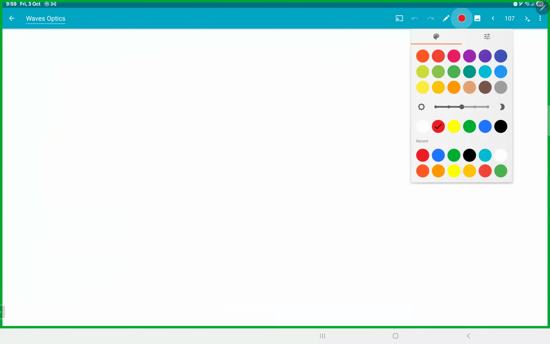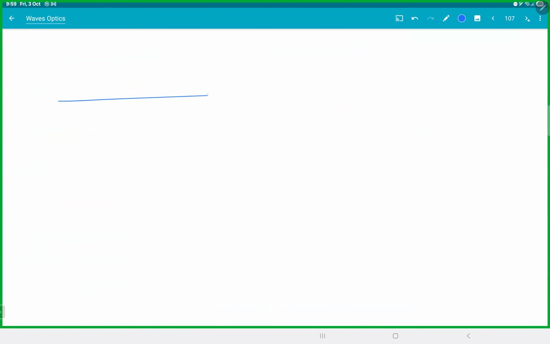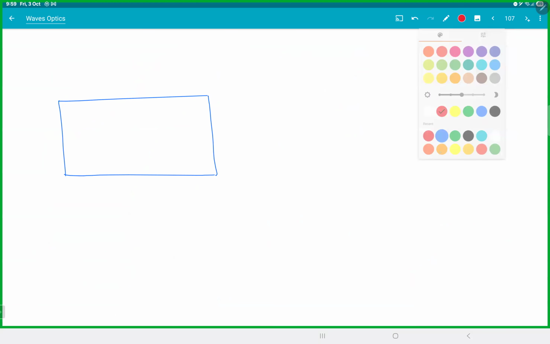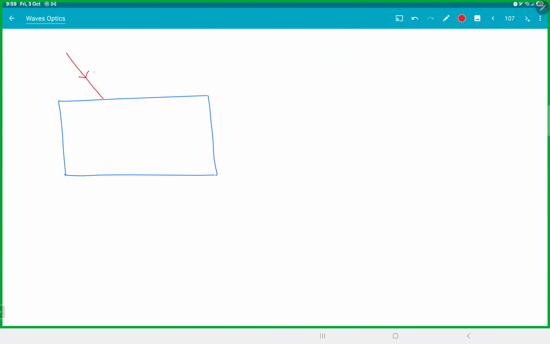Now, there's one more thing here. If you look at that slab, now just try to look at the difference here.